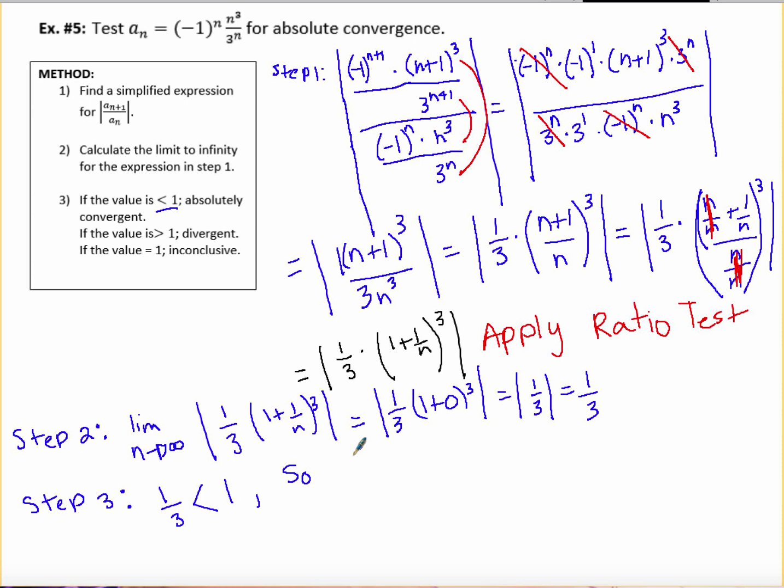So the sum to infinity of that a sub n, which was (-1) to the n power times n cubed divided by 3 to the n, is absolutely convergent by the ratio test.